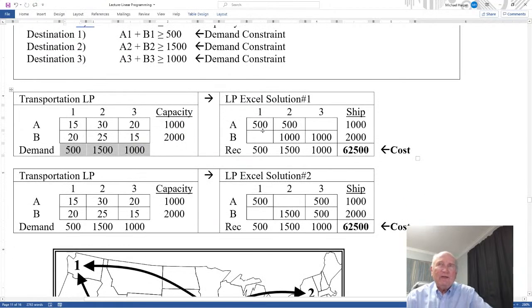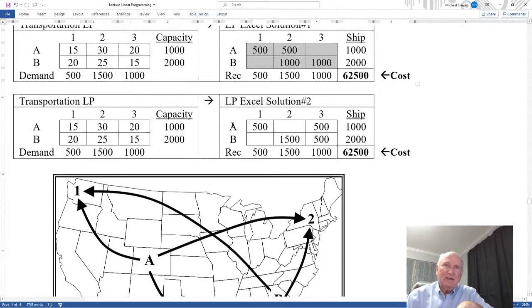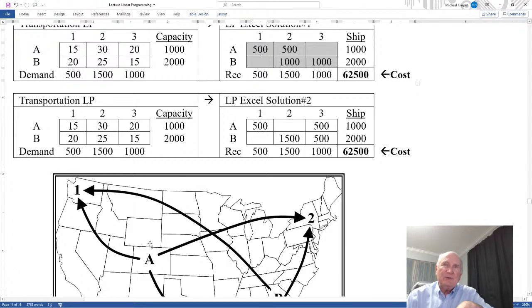Now over here is the solution. These are the unit costs, but in here these are the actual shipping amounts, the values of the decision variables. So A is shipping 500 computers from A to 1, from Denver to Seattle. Denver is shipping 500 to 2, 500 to Albany, New York.